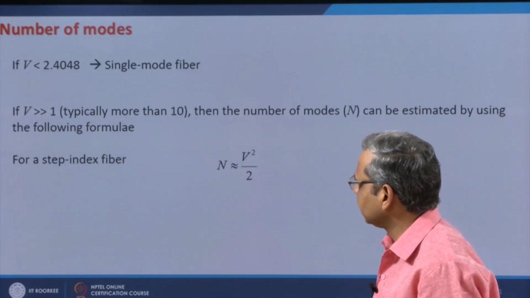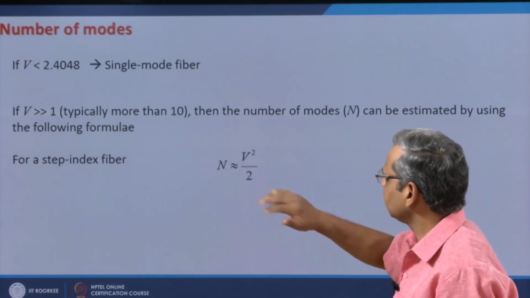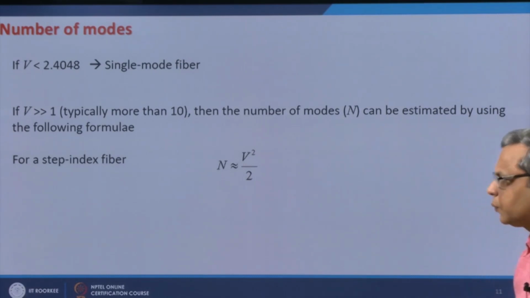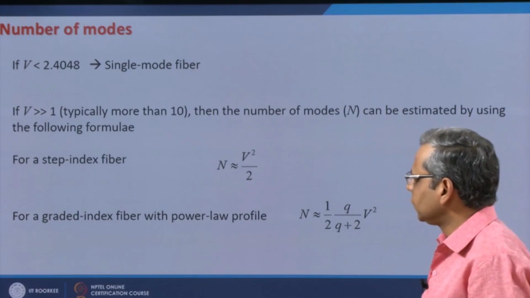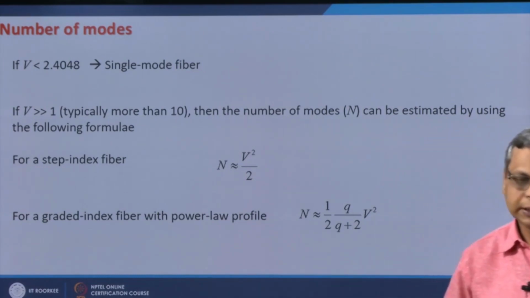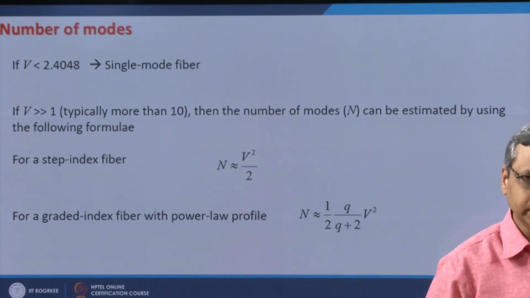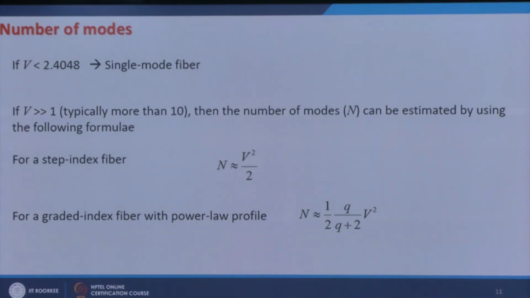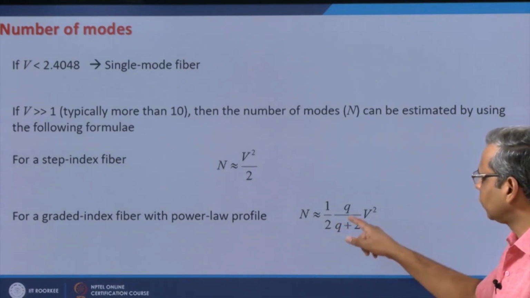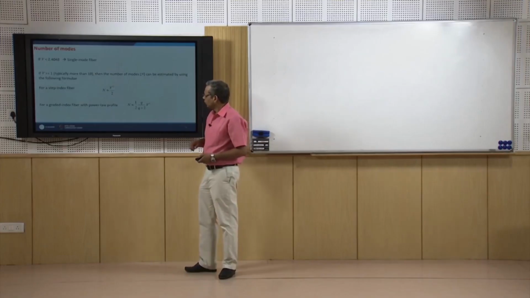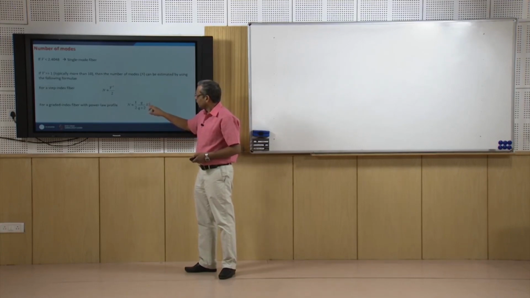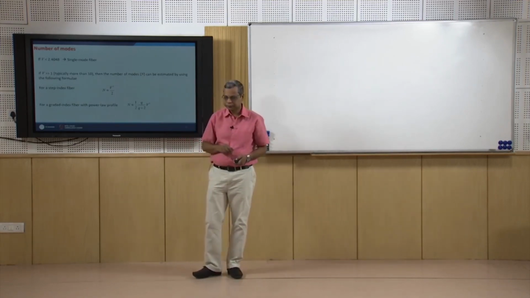For a step index fiber, the approximate number of modes is V square by 2, and for a graded index fiber with a power law profile, which is characterized by profile parameter Q, the number of modes can be estimated by half of Q over Q plus 2 times V square. So if it is a parabolic index fiber, then Q is equal to 2, and the number of modes would be V square by 4.